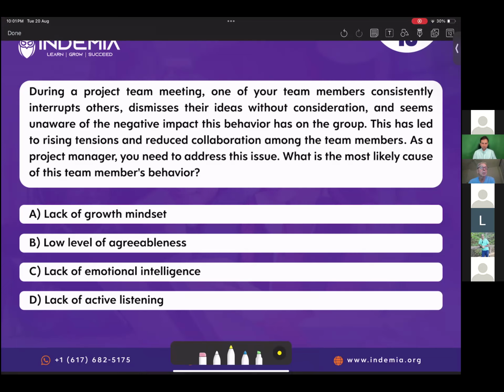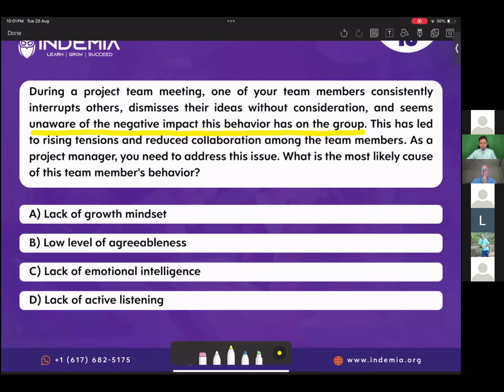So basically, the issue here is that the team member seems unaware of the negative impact of the behavior which he or she has on the group, right? So it eliminates option A, which is growth mindset, agreeableness, which is B, and lack of active listening, which is different in terms of technique. So that's why it's the best option.